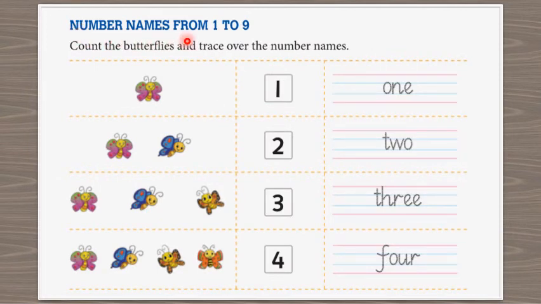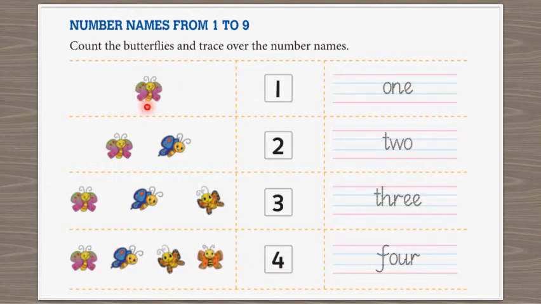Number names from 1 to 9. Count the butterflies and trace over the number names. Here, some butterflies are given in each row. We have to count the number of butterflies and trace over the number names given in the last column here.